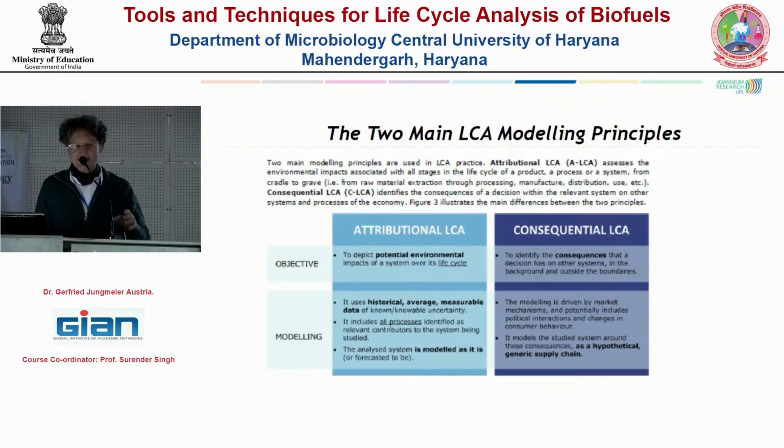The main difference is that the attributional LCA considers one bioethanol plant, only one plant, and compares it to the overall system, because one plant would not change the overall system significantly. So for that you do an attributional LCA.